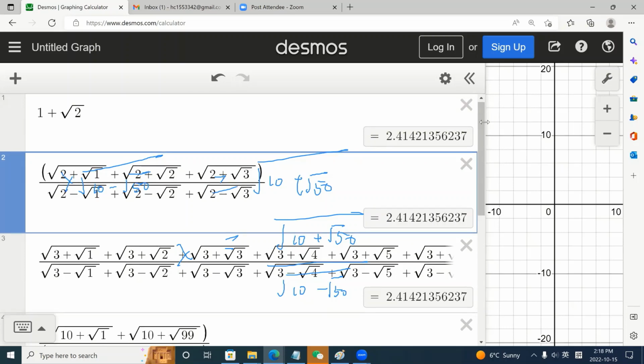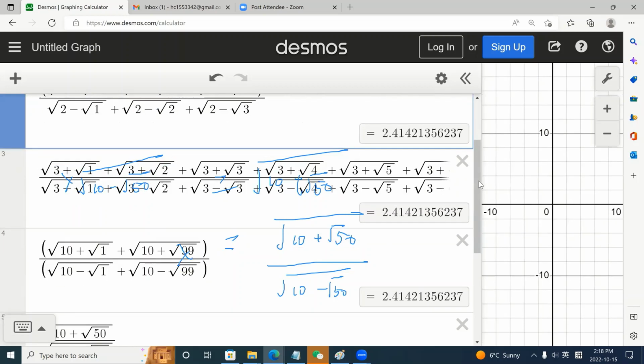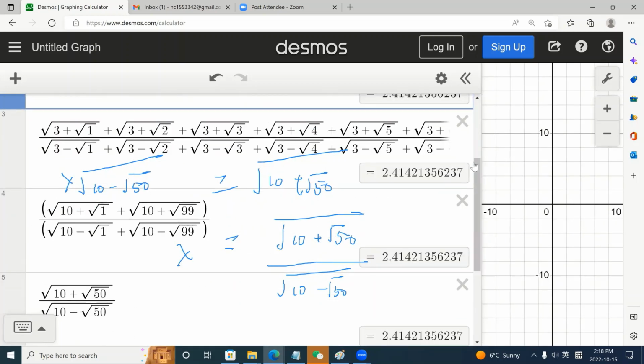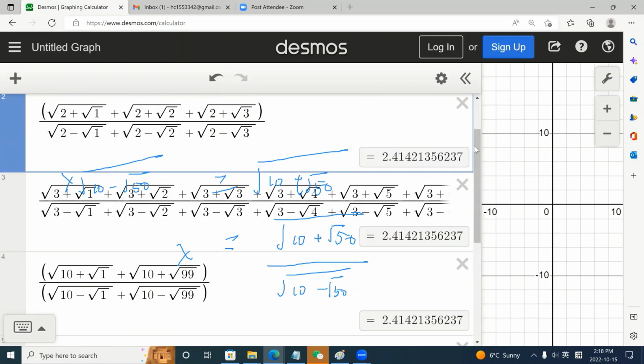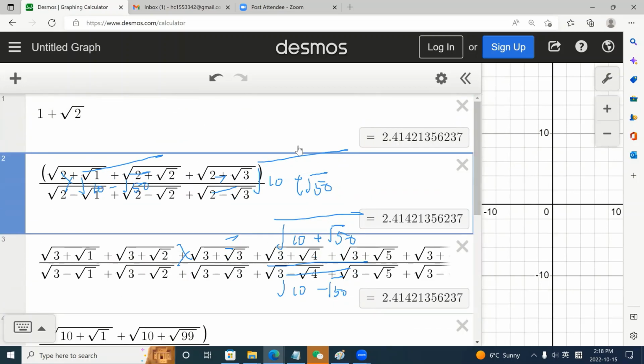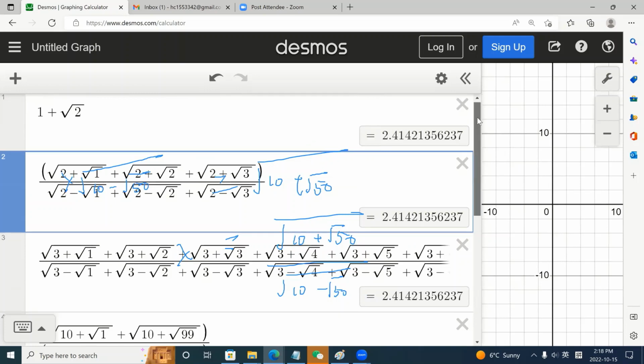But we are still not done. Because by looking at this number and saying that it is the same as 1 plus the square root of 2, that is not very rigorous. What if this number is 1 plus the square root of 2 plus 0.0000001?